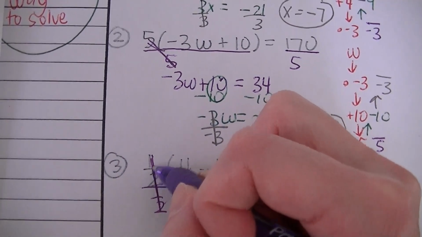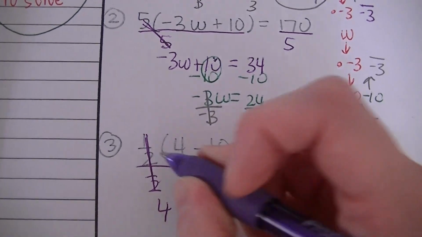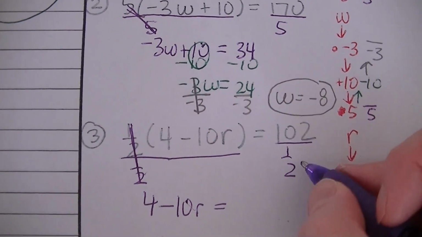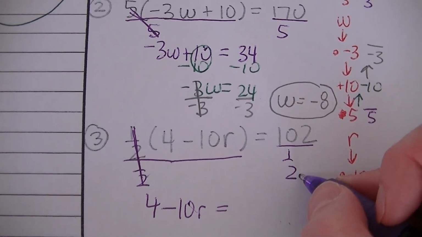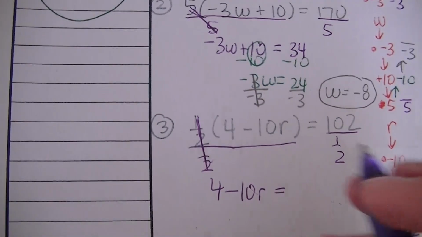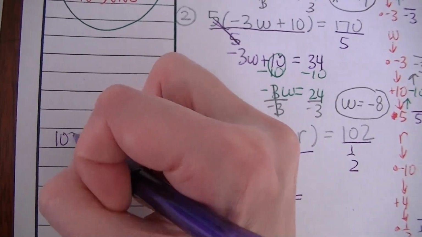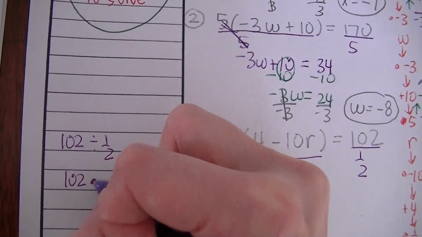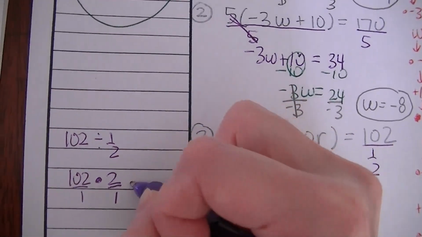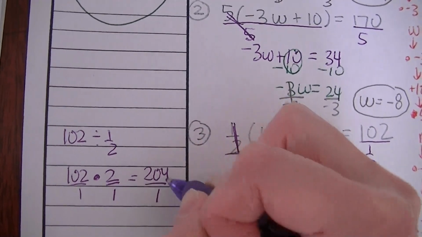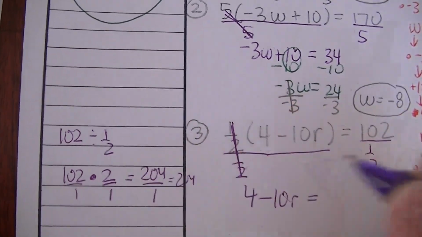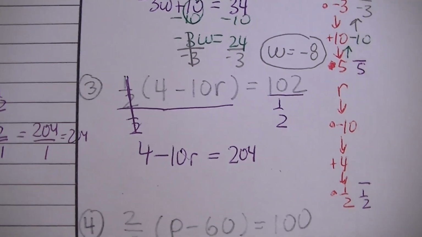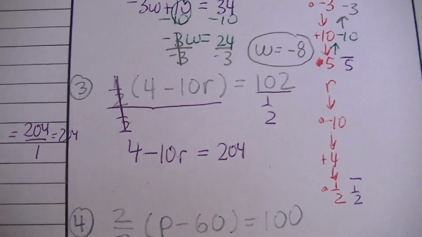And so you'll go right here and go 1 times 4, which is 4, and 1 times a negative 10r is a negative 10r, and that's going to equal 102 divided by 1/2, and that should be 204, but to show you, keep it, change it, flip it, and multiply across, so it'd be 204 divided by 1, which is 204. So 102 divided by 1/2 is 204, okay, and from there, let's go ahead and go on back up.